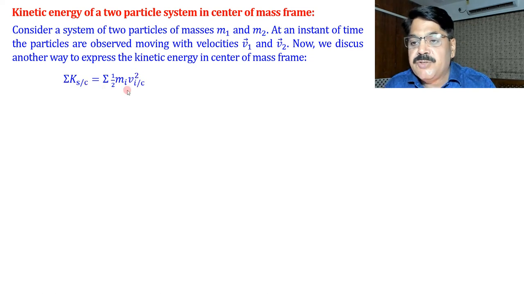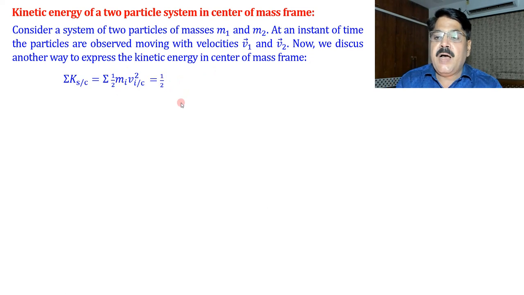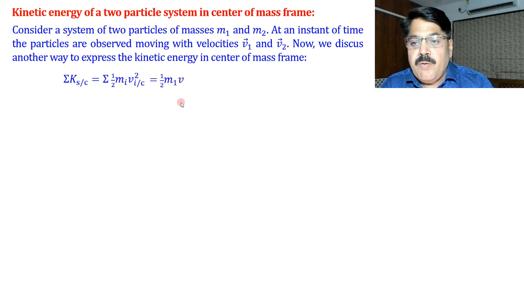For a general system of n particles, it is the sum of half m_i v_i,C squared. So for a two particle system, it will be half m1 v1,C squared plus half m2 v2,C squared.